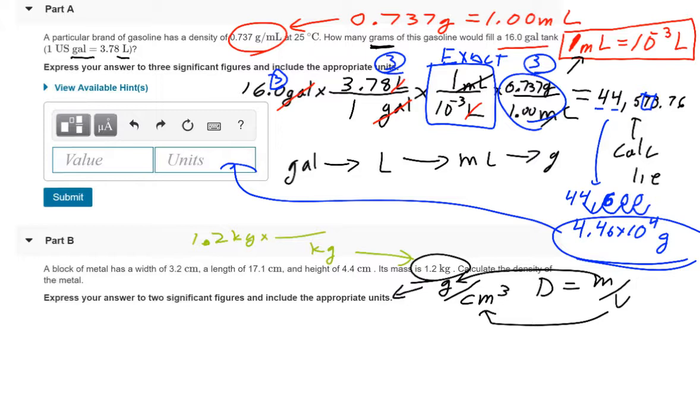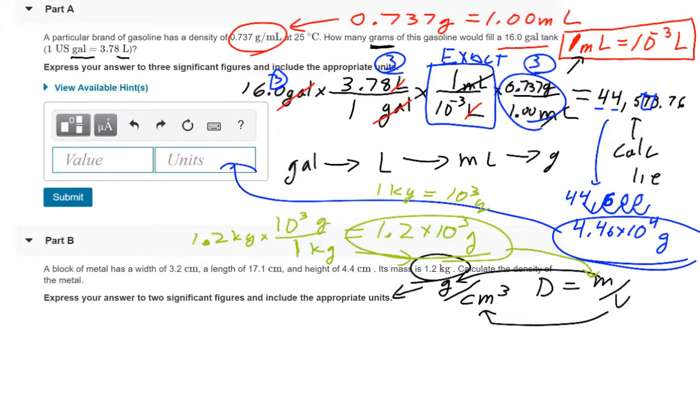Hopefully you've memorized that 1 kilogram equals 1,000 grams. If you haven't memorized it, again, crisis time, you need to memorize them. So we've got 1.2 times 10 to the 3rd grams as our mass.